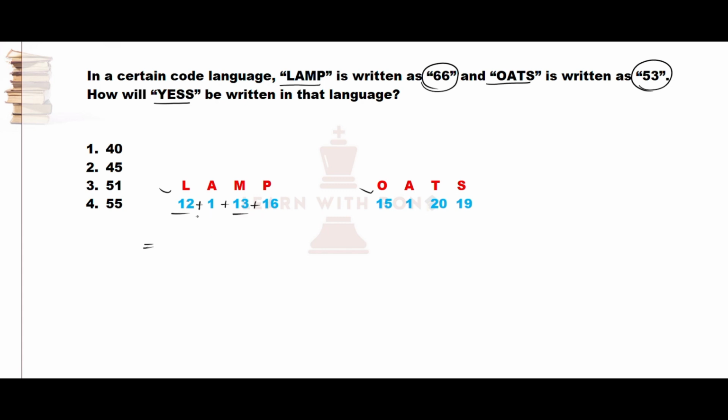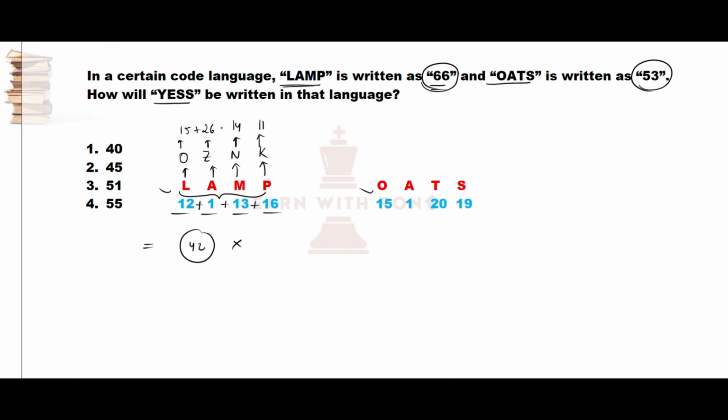12 plus 13, 25, 25 plus 1, 26, 26 plus 16, 42, but they have given the value for LAMP as 66. So this is not the procedure. Now see, if I take the opposite letters for the word LAMP: the opposite letter of L is O, of A is Z, of M is N, of P is K. And if I write the corresponding values of these letters, O is 15, Z is 26, N is 14 and K is 11.